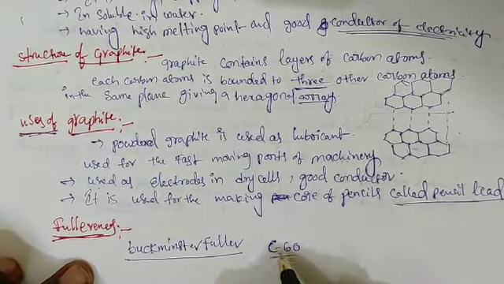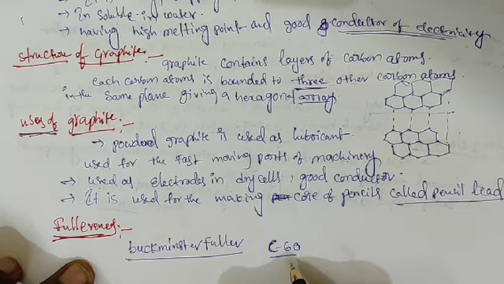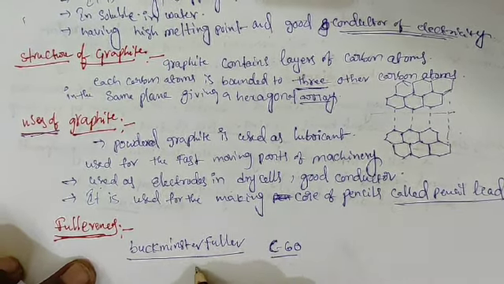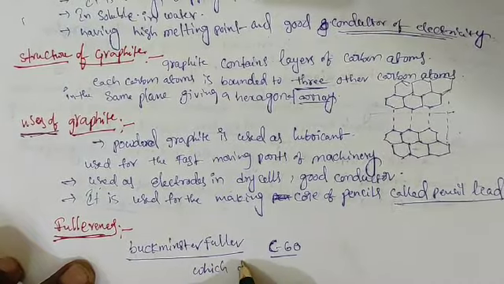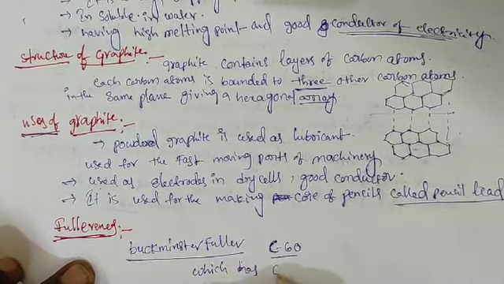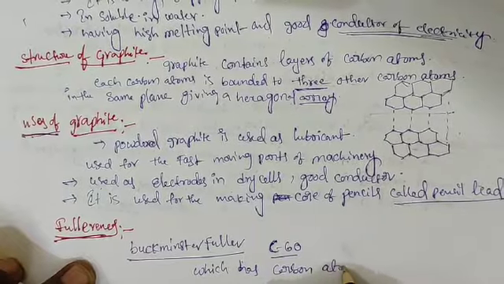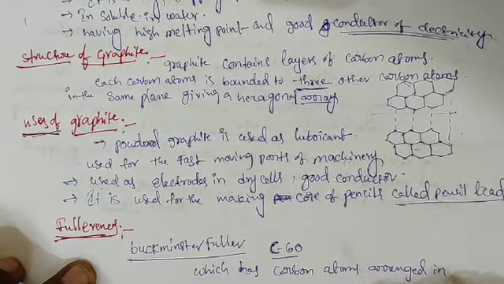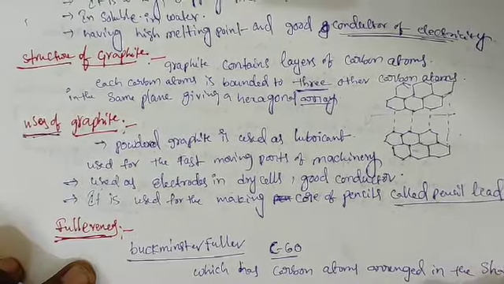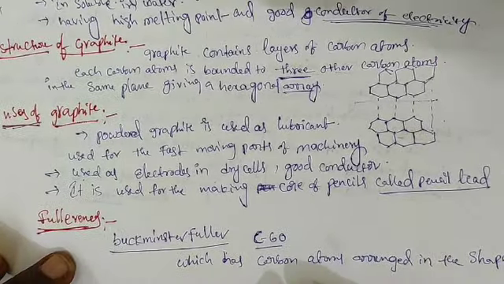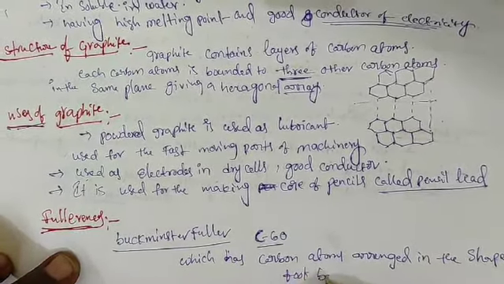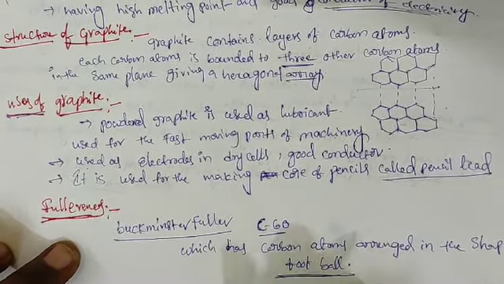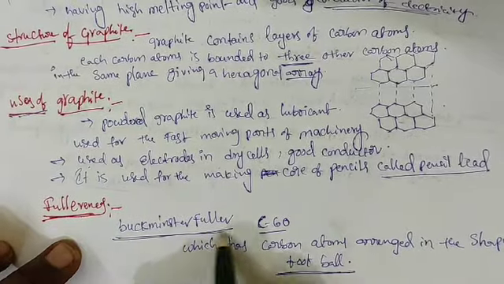So some hexagons and pentagons also are there in this structure, which has carbon atoms arranged in the shape of a football. So it was introduced by Buckminster Fuller.